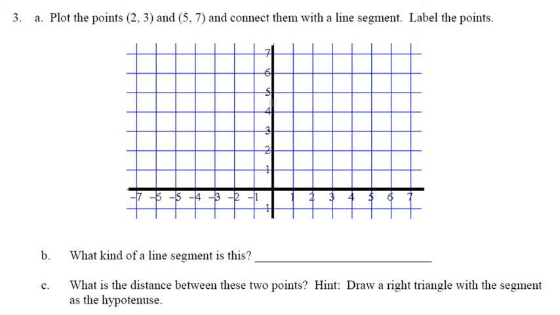Plot the points 2, 3 and 5, 7 and connect them with a straight line. Label the points. 2, 3 and 5, 7. Okay, so I'll give you a moment.